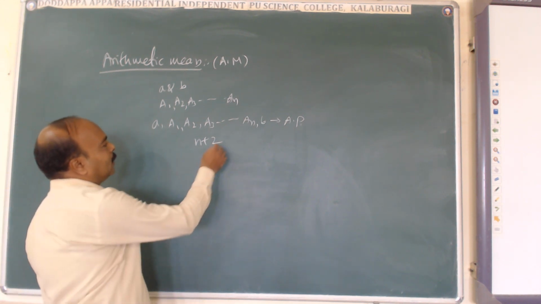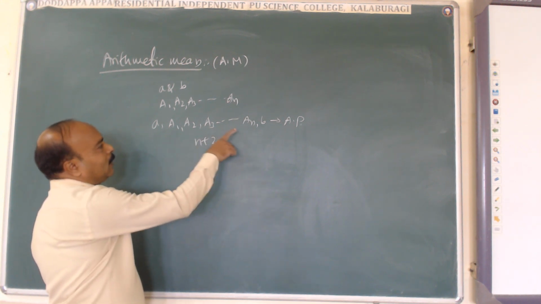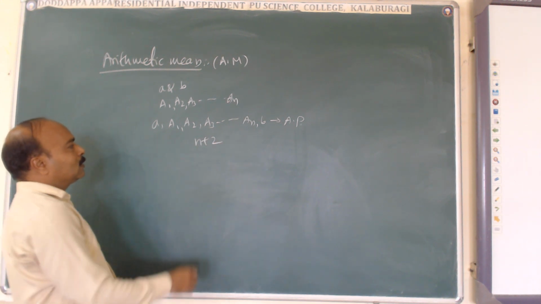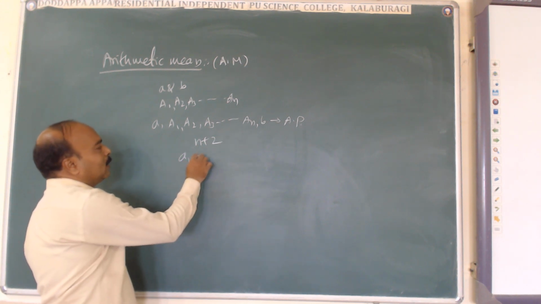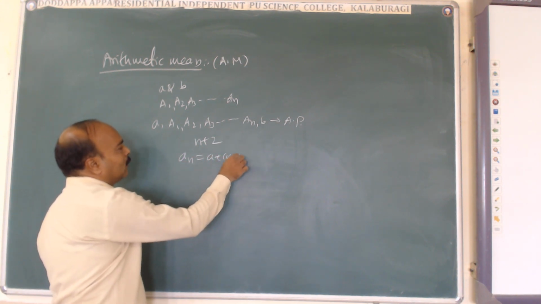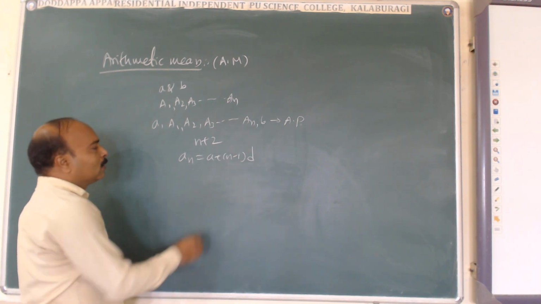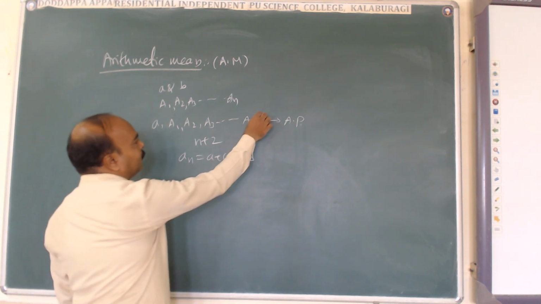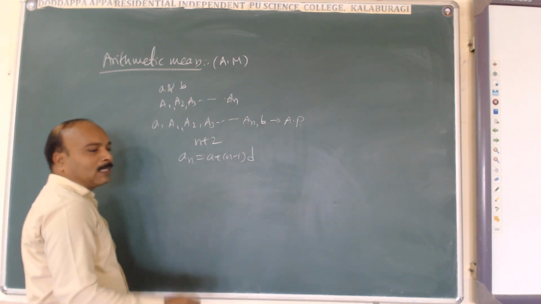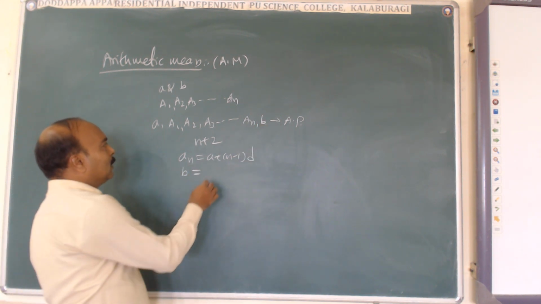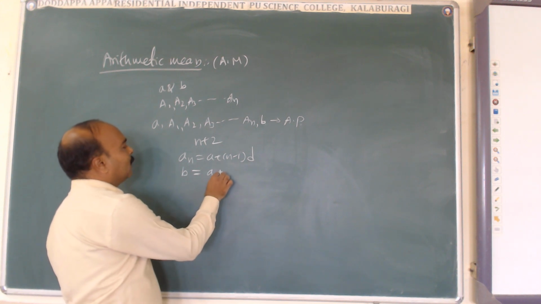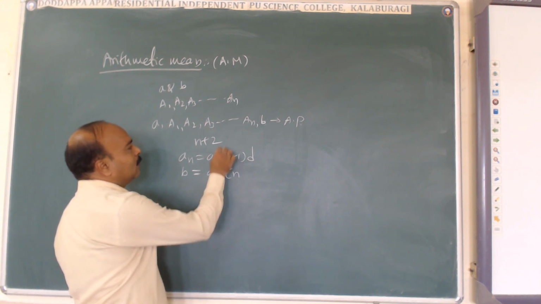This is the value of n. Now we find the value of d. How to calculate d value? For that use the formula an first. An equal to a plus (n minus 1) into d. So an is nothing but here b, that is the last term, considered as last term of this. a is a as it is, plus (n minus 1), n value is what?